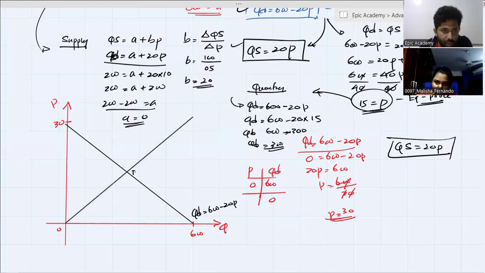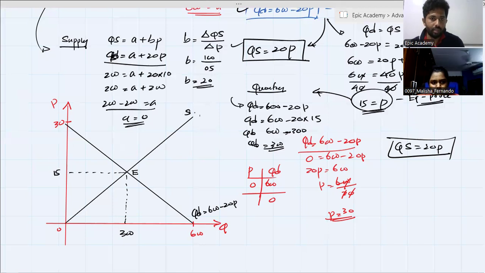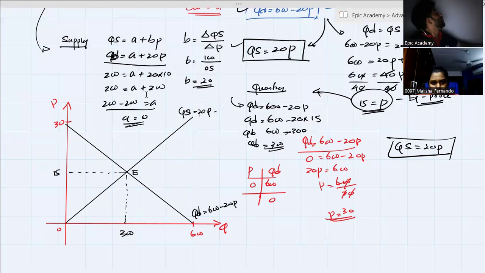Okay. This is the equilibrium position, where you already know that the equilibrium price is just 50, isn't it? Yes. And the quantity supplied and demanded is just 300. Okay. Right. Those are the values.